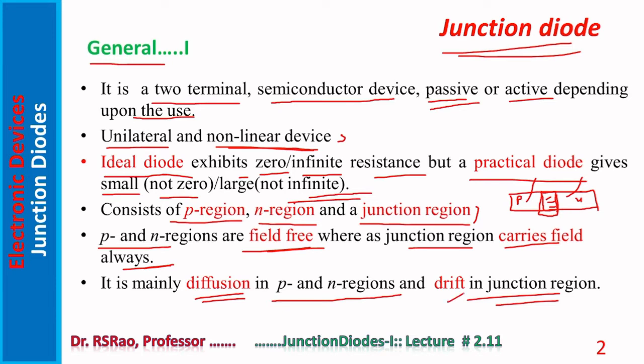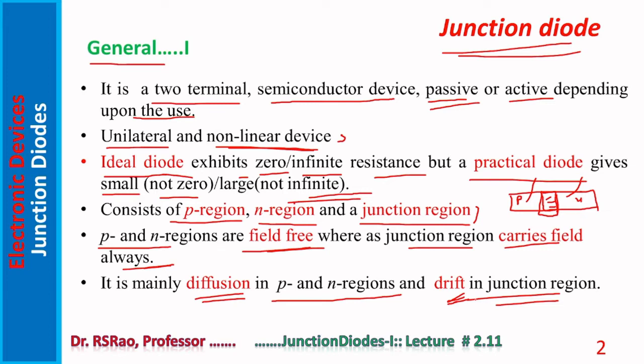Whereas drift process, what is drift? Movement of carriers can be due to the existence of potential gradient under the influence of electric field. This way of movement of current carriers under the influence of field, it is called drift.